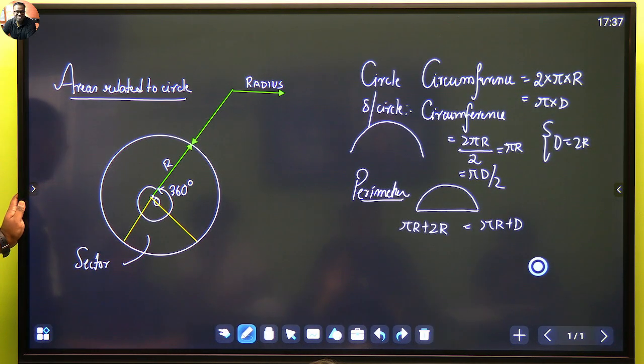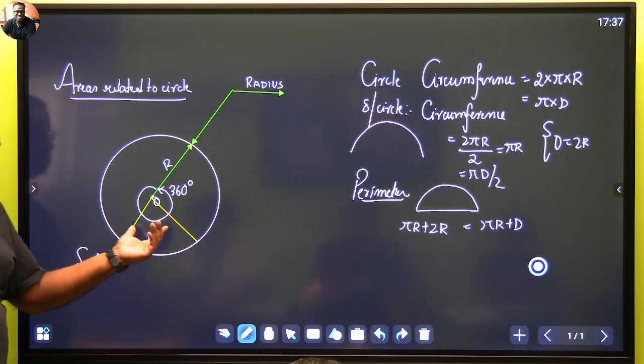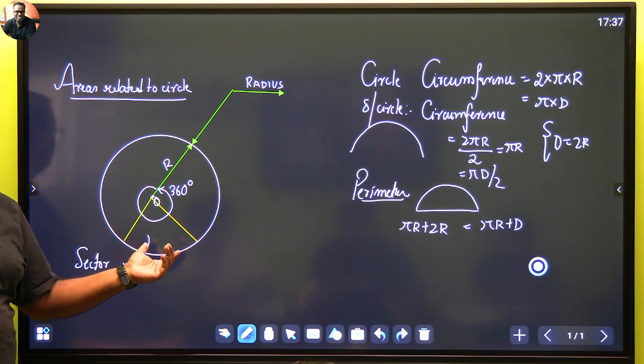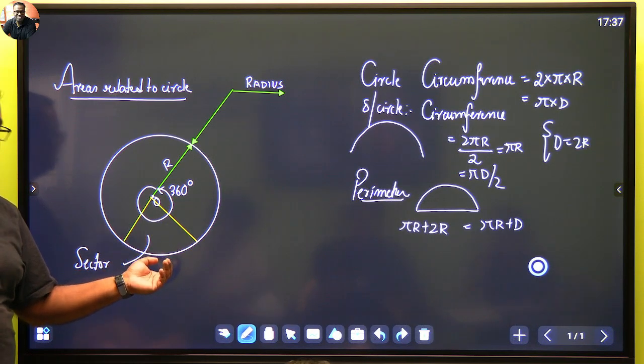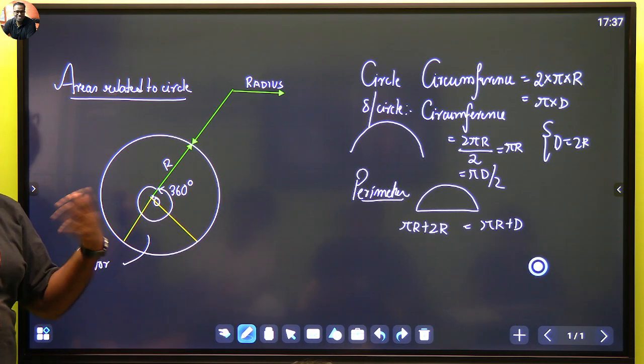We discussed this in the last class. So you get one slice of pizza, which is your minor sector, and after you've taken that slice, the portion of pizza that remains is your major sector.